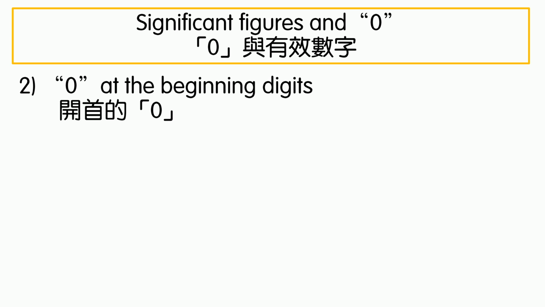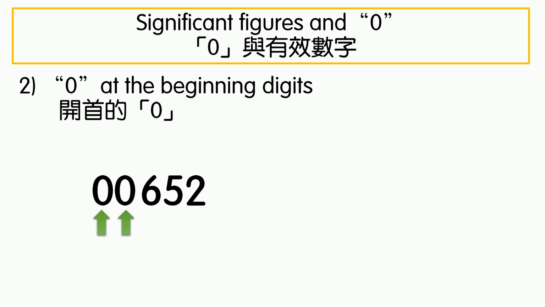How about zeros at the beginning of the digits? Here we have 652. If we put some 0 at the very beginning, these zeros don't change the value of this number. Although I put down 2 zeros at the very beginning, it's still 652. That's why these zeros are meaningless.